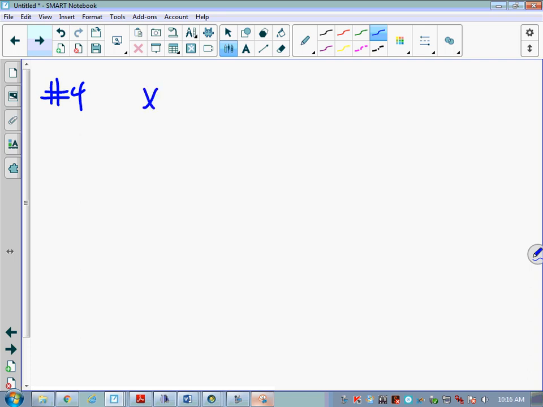So if I have x to the 4th minus 5x squared minus 7x minus 5, all right, and I want to find f of negative 4, what am I going to do? What's that? Plug in negative 4 for every location where x is.